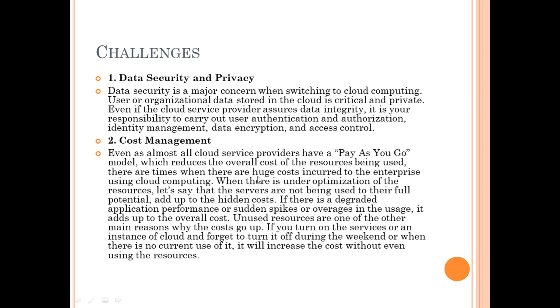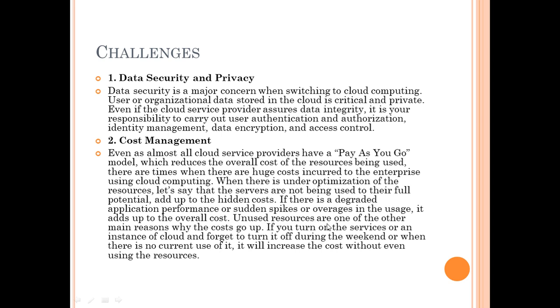So there are times when huge costs are incurred by the enterprise using cloud computing. When there is under-optimization of the resources, that is, the resources are not being used to their full potential, it adds up to hidden costs. If there is degraded application performance, or sudden spikes or overages in the usage, it adds up to the overall cost.